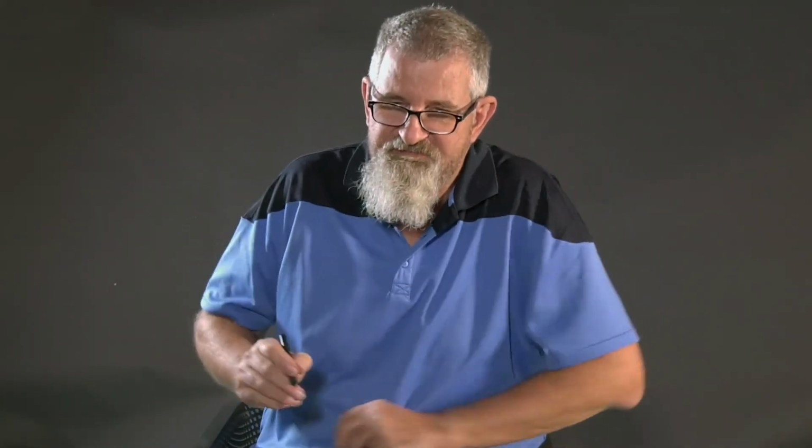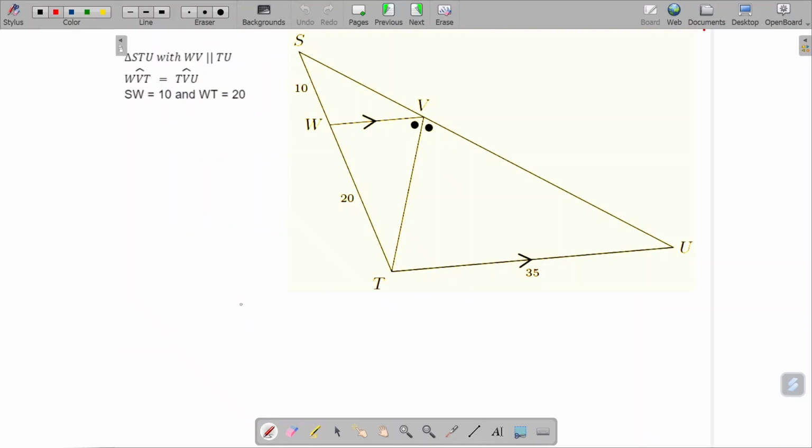Okay, what I've now gone and done is I've gone and found 3 different questions from past exam papers, and here is one from the Siyavula textbook, and it says, I'm given a triangle STU, VW is parallel to TU. Yes, I can see that on the diagram, that these two things are parallel, and it tells me that WVT is equal to TVU.